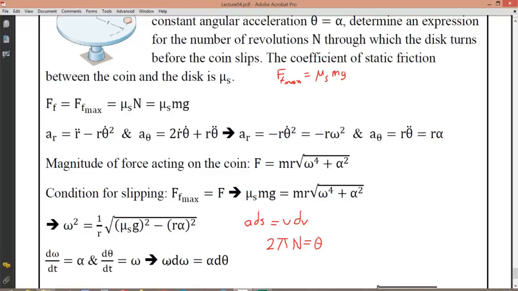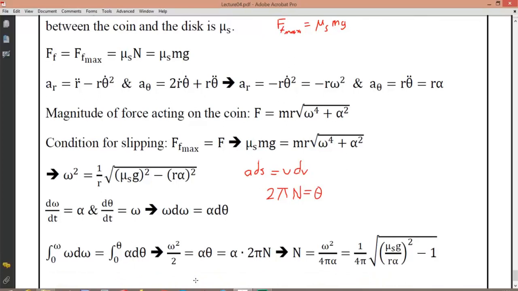So here we have that knowledge as well. We have already written out this omega as a function of alpha, and then if you do the necessary calculations of this equation, omega squared over 2. We have already found the omega squared here. We're going to make use of that omega squared here. And instead of theta, now we can make use of this equation.